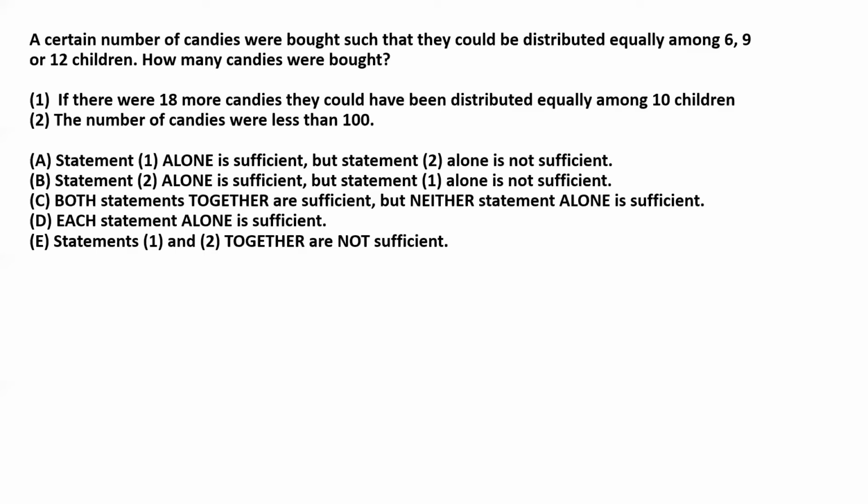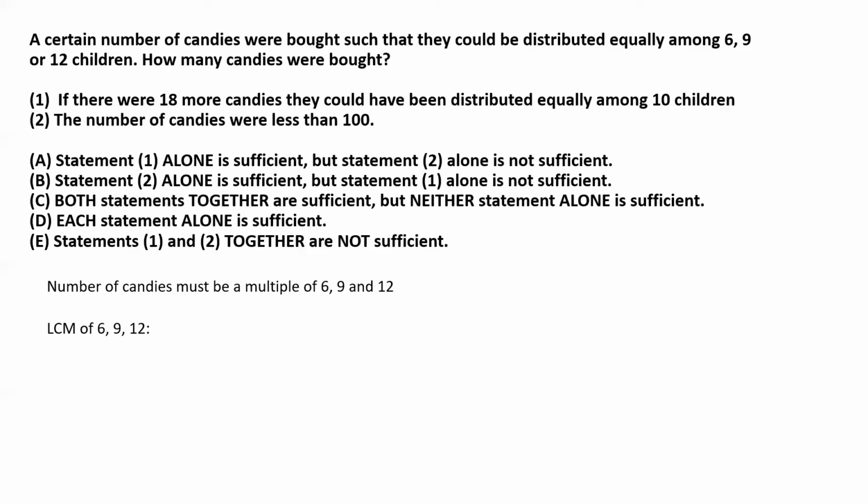What that essentially means is the number of candies must be a multiple of 6, 9, and 12. From this step, we can seek to determine the least common multiple of 6, 9, and 12.